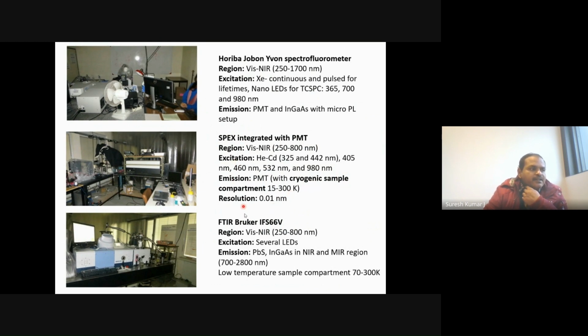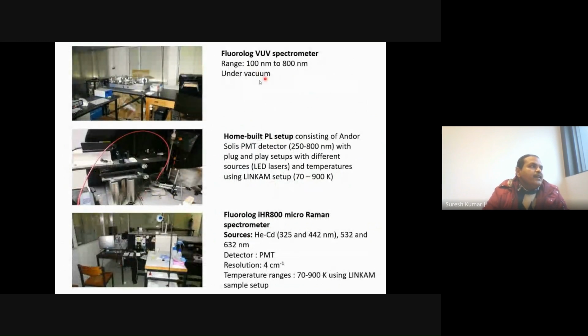For the NIR region, we have a Bruker FTIR instrument, and we have a Fluorolog VUV, vacuum ultraviolet spectrometer, which works in the range of 100 to 800 nanometers. We have a home-built photoluminescence setup for temperature measurements, that means temperature-related photoluminescence measurements.